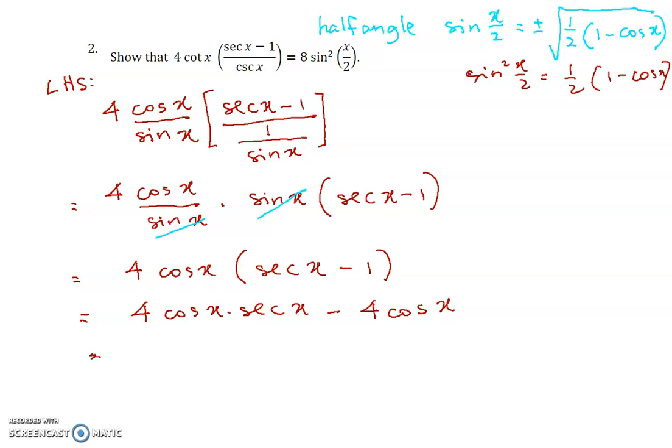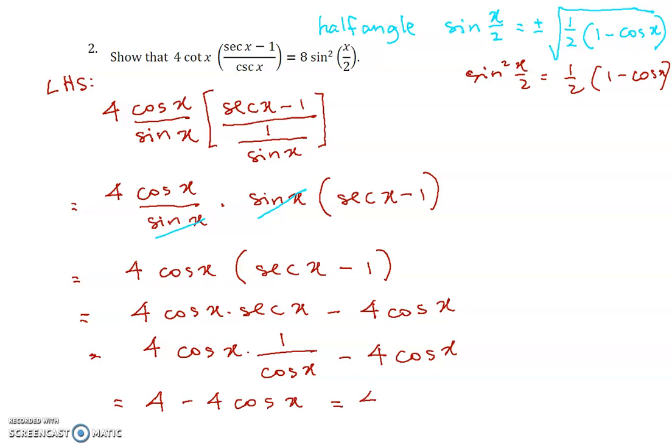You can see that since secant and cosecant are actually reciprocals of each other, we can cancel that. So we have 4 cos x there. In the end, we will get 4 minus 4 cos x. And if we factor out 4, we have 1 minus cos x.